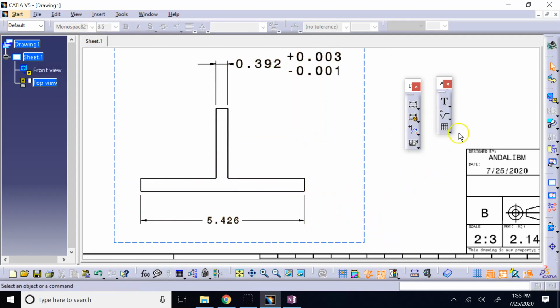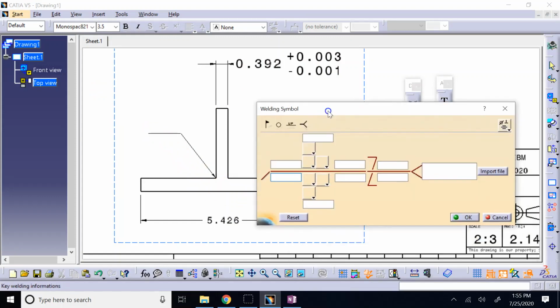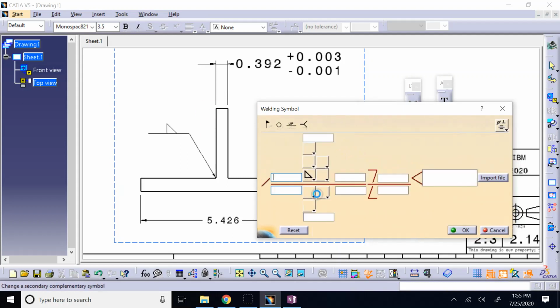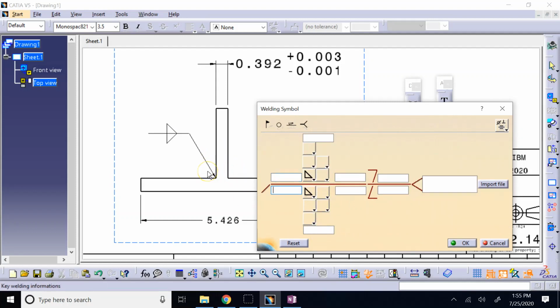Use the welding symbol, which is under this roughness, and then you refer to the 2 edges defining the corner, and you set up the leader, and then here you provide the symbols. So you say I want a fillet weld on the other side, and then on this side. So I want it on both sides.